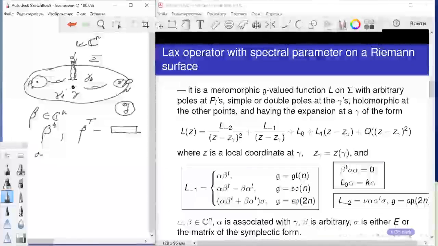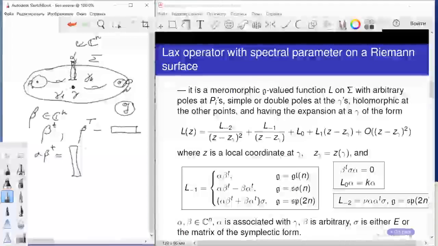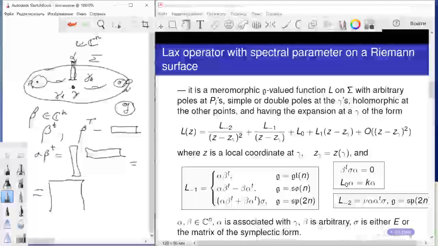Alpha beta t is the following. We multiply two matrices of such form, and what we get as a result is a quadratic, rank 1 matrix.